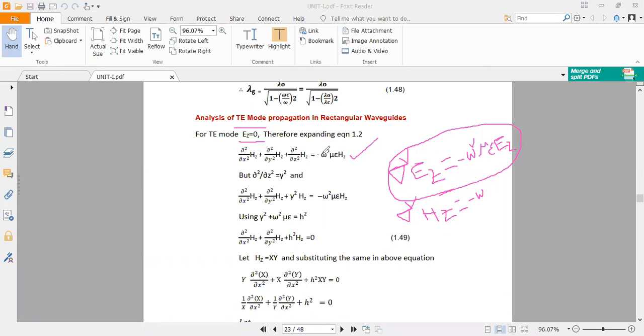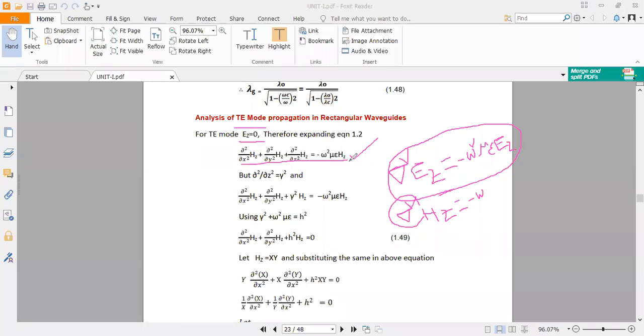What is del square? Laplacian operator. If you expand it, what are you going to get? Dou square by dou x square Hz, dou square by dou y square Hz, dou square by dou z square Hz is equal to minus omega square mu epsilon Hz.